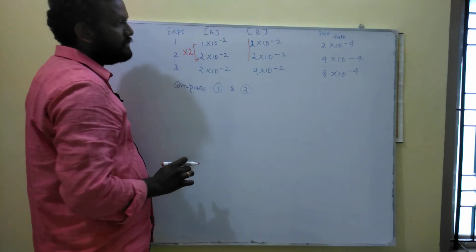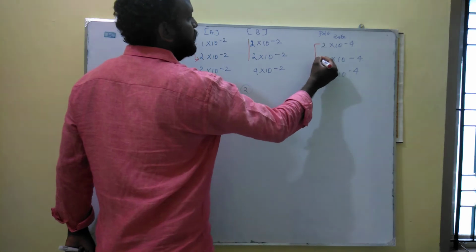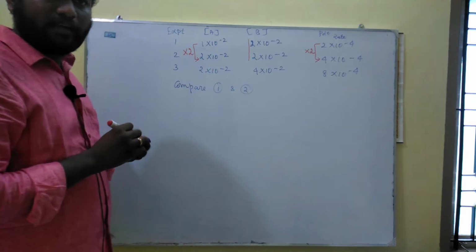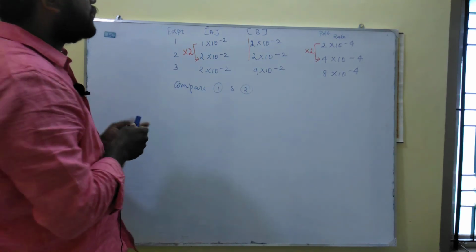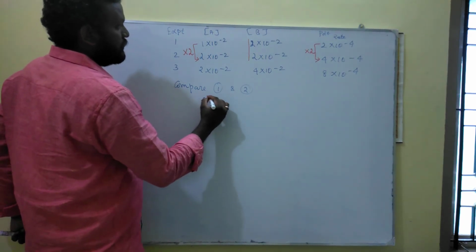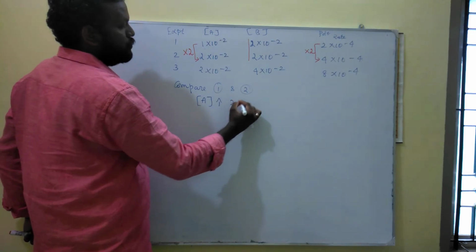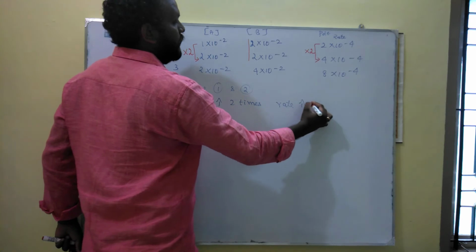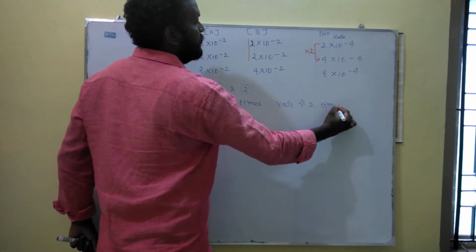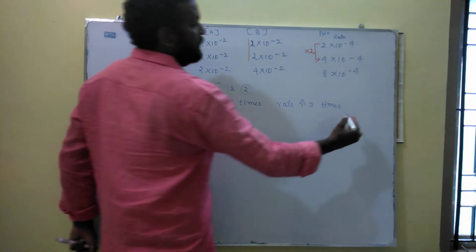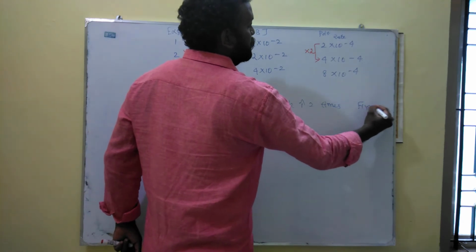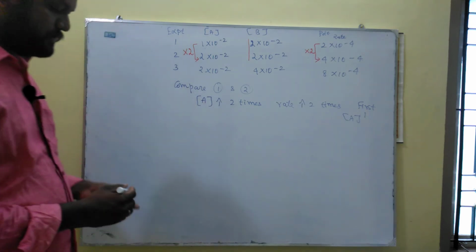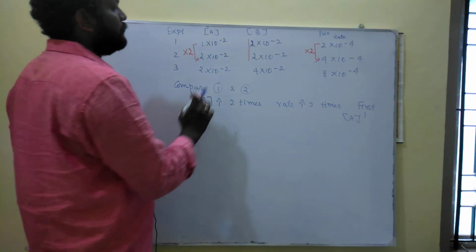So A increases 2 times, rate also increases 2 times. So n times increment of concentration gives n times increase of rate, that follows first order. So with respect to A, it is first order, A power 1.